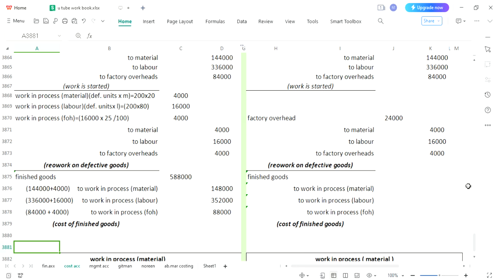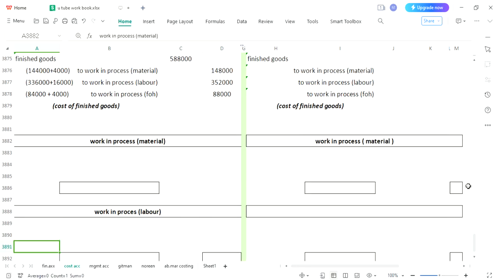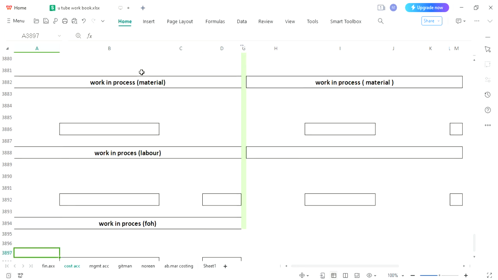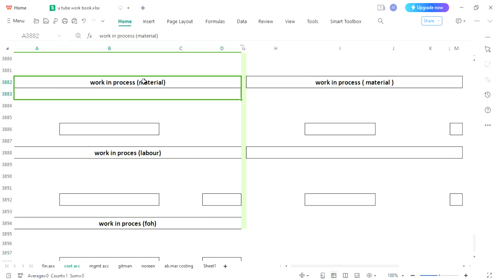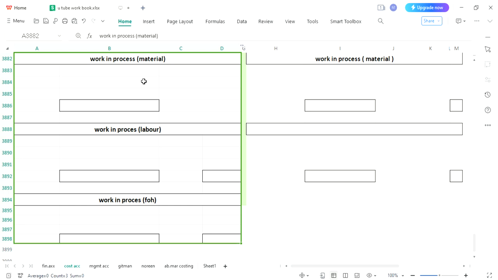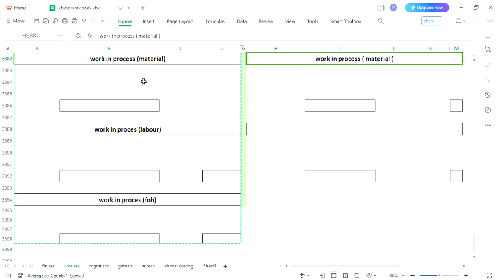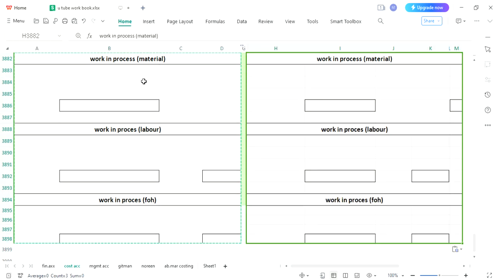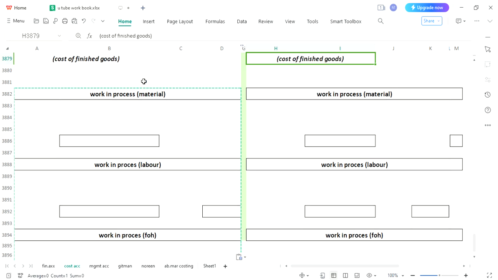In a similar way, you will be making all these three ledgers which you have made for the first part. In the same way you will be making ledgers on the other part as well.